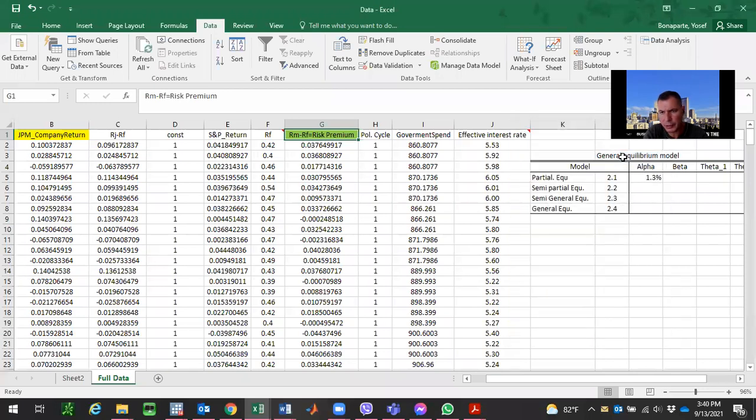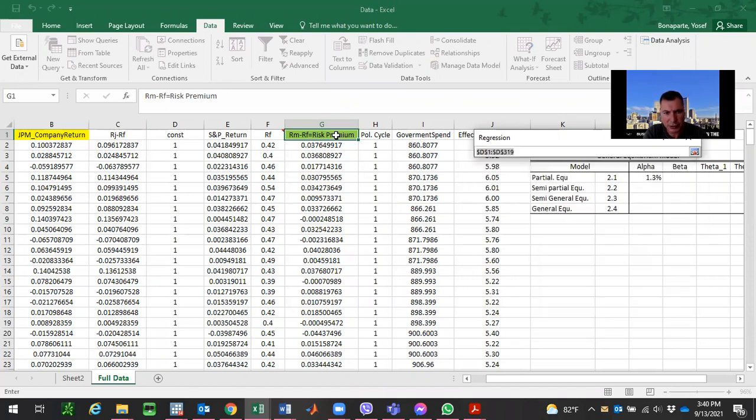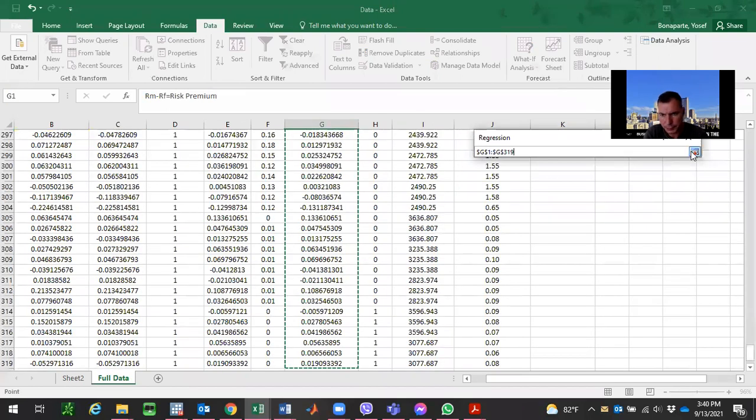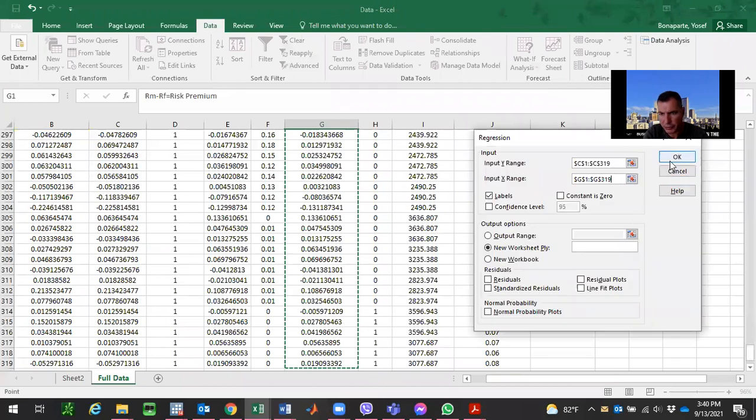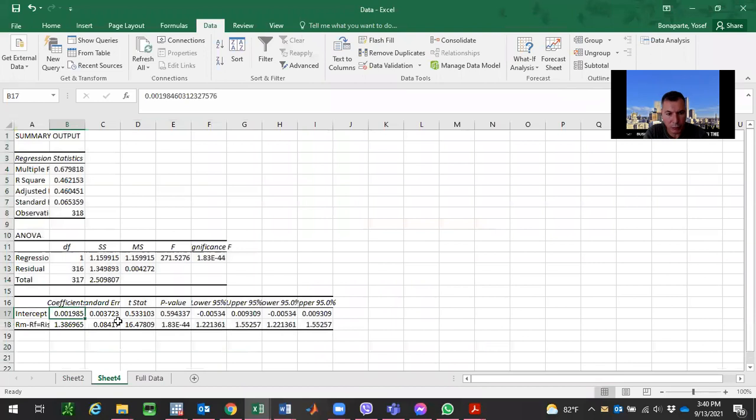You say okay, then you get Data Analysis, you click on it, Regression, okay. Now the same Y, but the X is this one, the market risk premium.